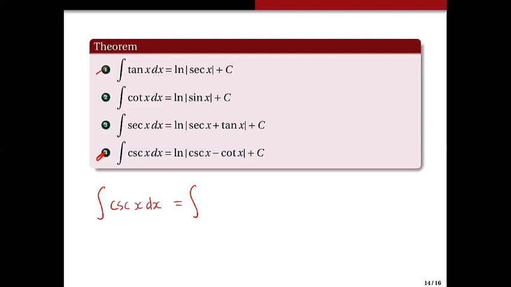So you have the integral of cosecant of x, we multiply by cosecant of x minus cotangent of x, and then we divide by the same thing, cosecant of x minus cotangent of x, and of course, we have the dx. So they are equal because this will cancel this one. So you are just multiplying by 1.